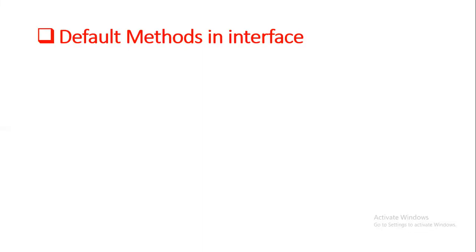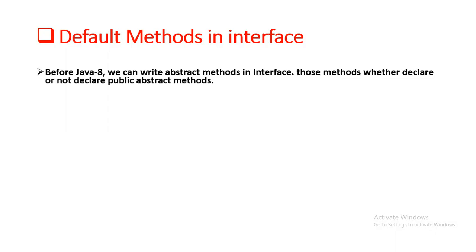Whether we declare them or not, those abstract methods are public abstract methods. We can also create public static final variables. These two things only we can create before Java 8.